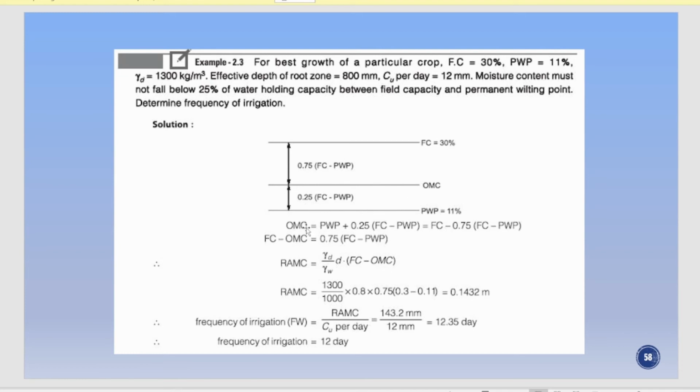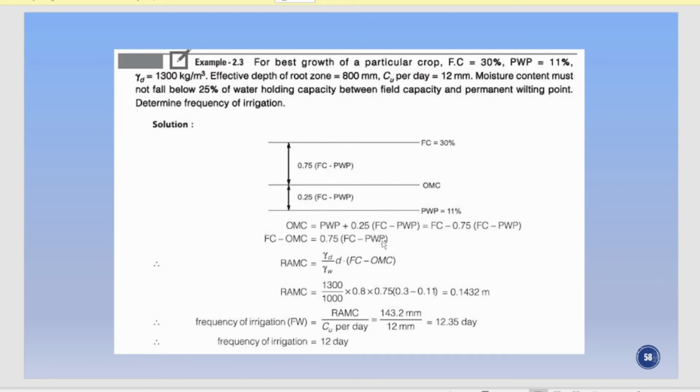Now if I rewrite this equation, OMC will be equal to FC minus 0.75 times FC minus PWP. Sending this term to the other side, FC minus OMC will be equal to 0.75 times FC minus PWP.